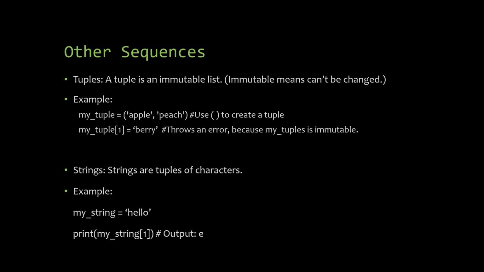So index 1 is E. So strings are going to act different, but they're still sequences. They're in order. We can have duplicates. So apple has 2 P's in it. Barry has 2 R's. So we're going to look at strings a lot like tuples, because when you change a string, it's going to actually create a new string instead of just adding to it or adjusting it like we would with the list.